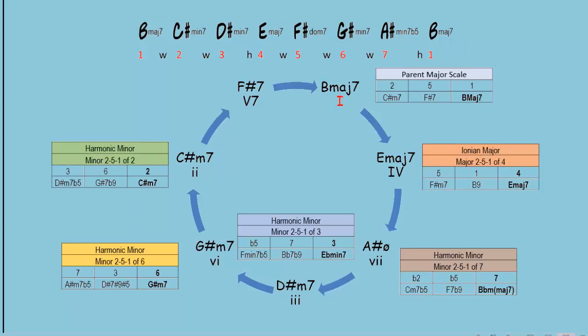But if you look at the actual harmony, the structure is based on 2 being the target chord, which is a C sharp or D flat minor 7, going and having a D sharp minor 7 flat 5, moving to a G sharp 7 flat 9 to a C sharp minor 7. So you have a 2-5-1 for the 2 chord using the harmonic minor of C sharp or D flat.